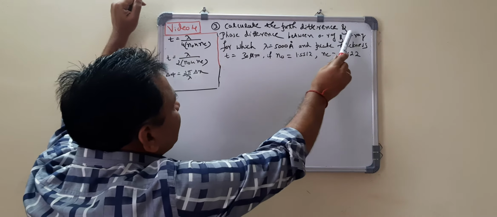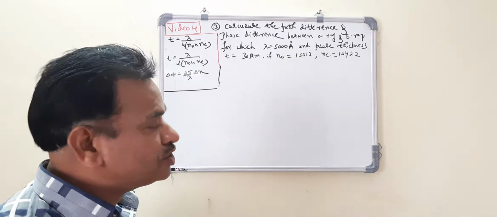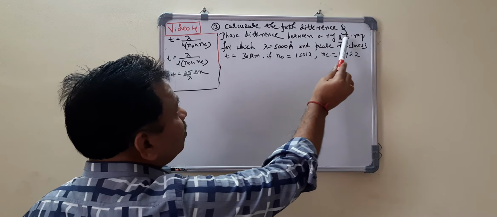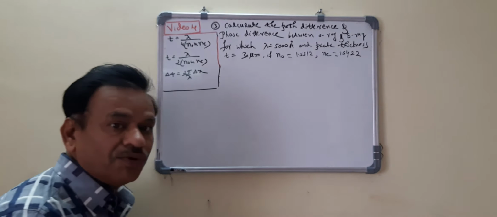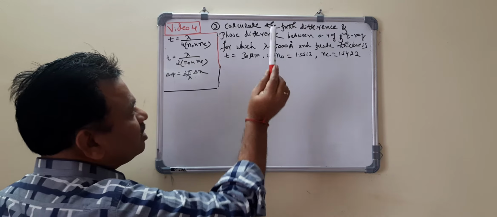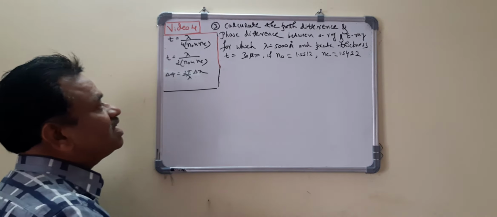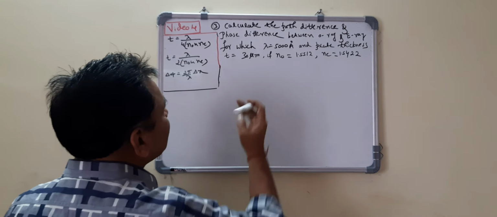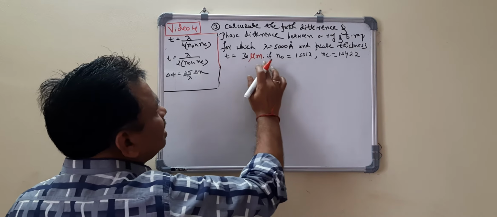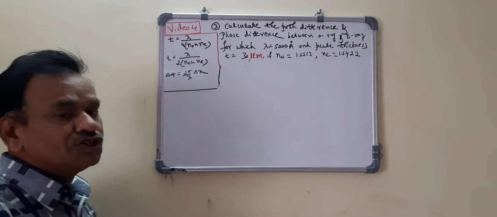Calculate the path difference and phase difference between the O ray and the E ray, for which the wavelength of the light used is 5000 angstrom and plate thickness t equals 30 micrometer, if NO equals 1.5512 and NE equals 1.5422.